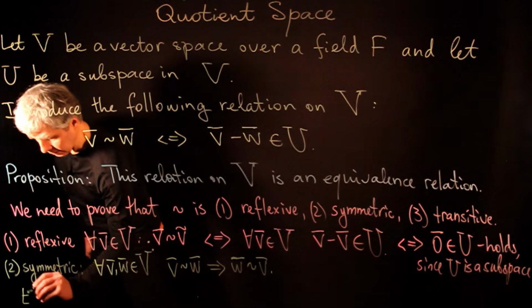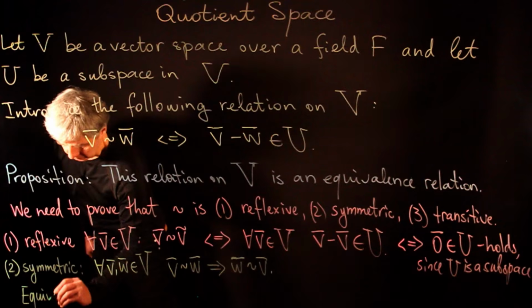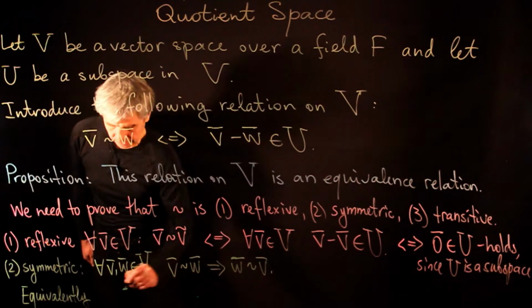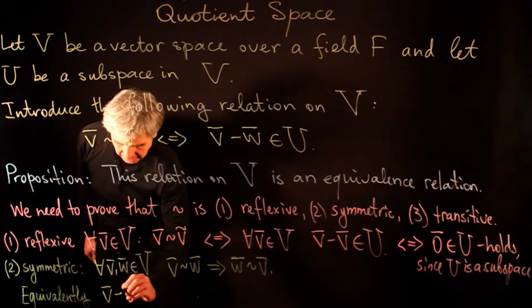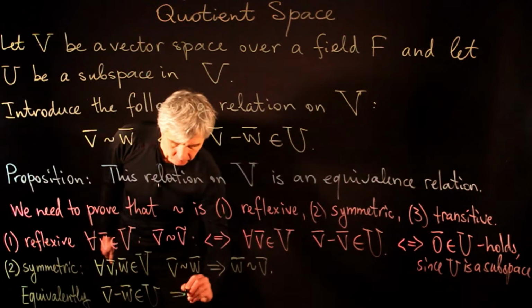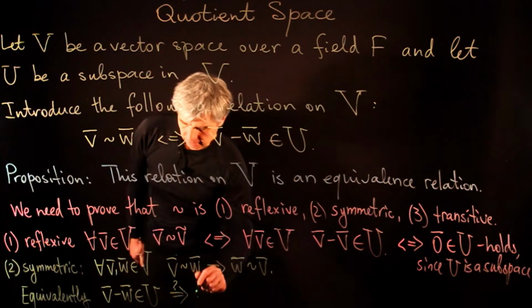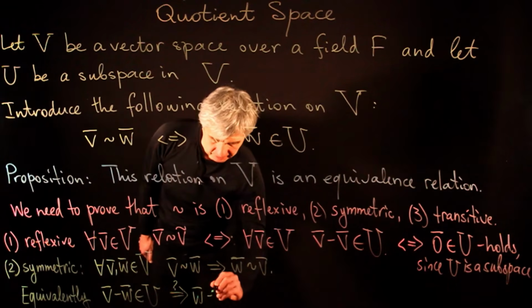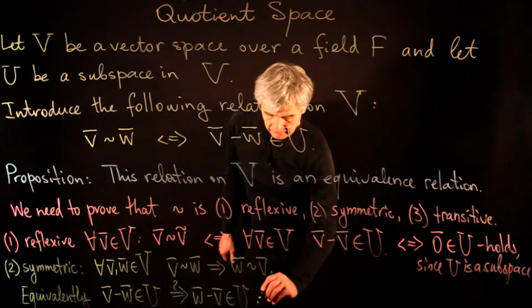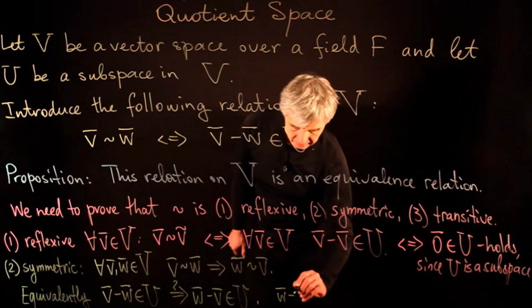Equivalently, we are saying that if v minus w belongs to the subspace U, then we need to show that w minus v also belongs to U. But what is w minus v?